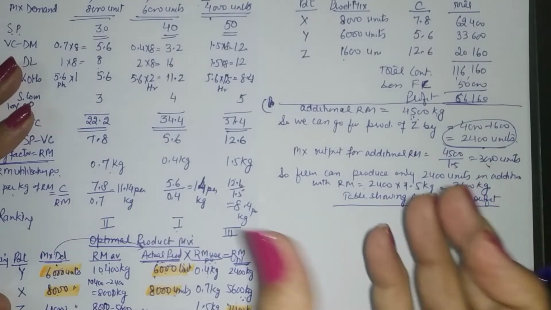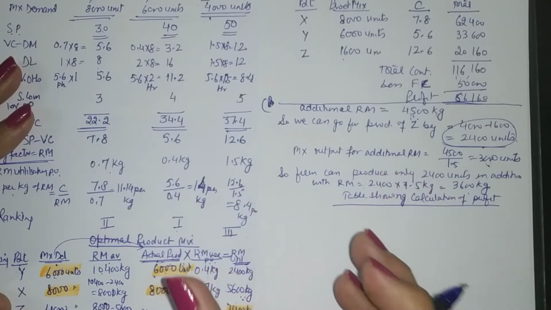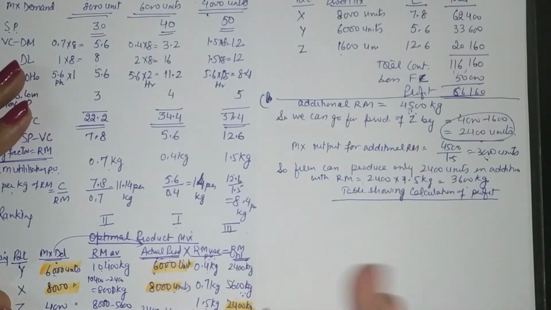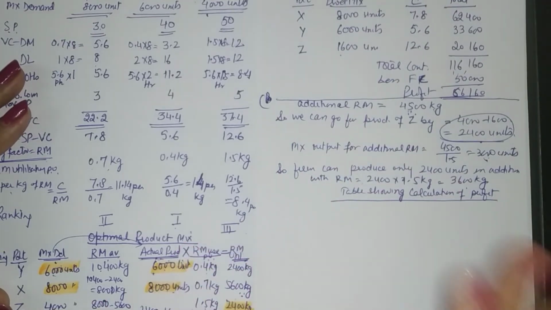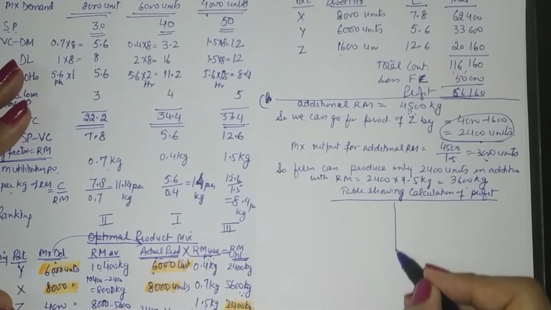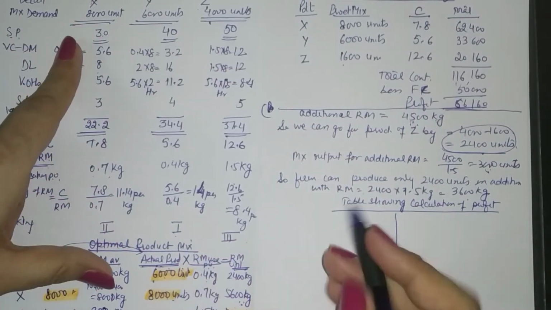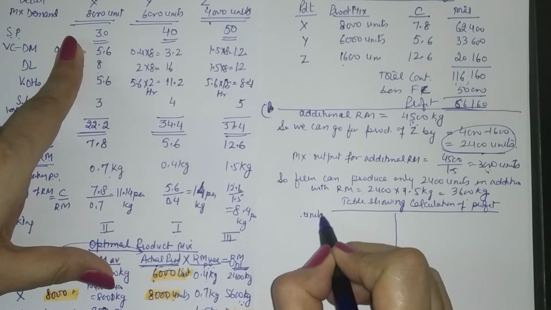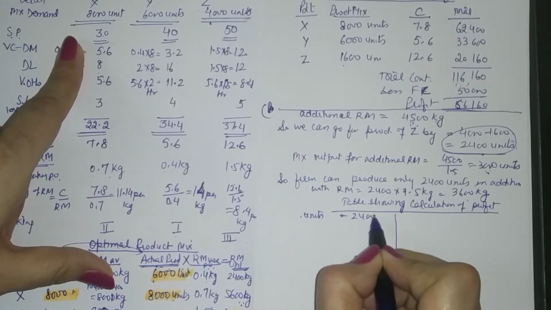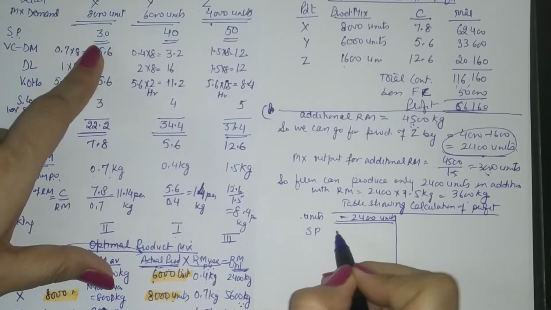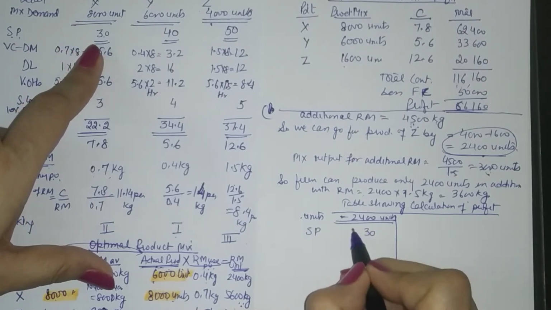Profit is sale minus variable cost, that will give you contribution, minus fixed cost, that will give you profit, isn't it? So one way of making this table is as we have made this table here, contribution based cost sheet. So we'll say units of production are now 2,400 units. Now selling price is 30 rupees.